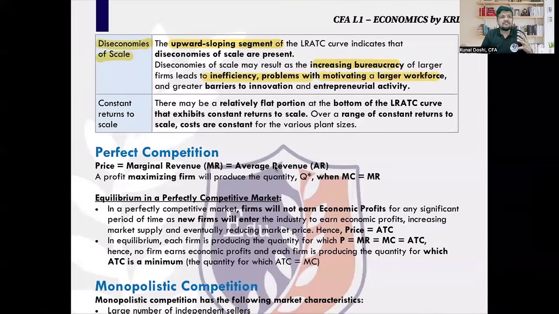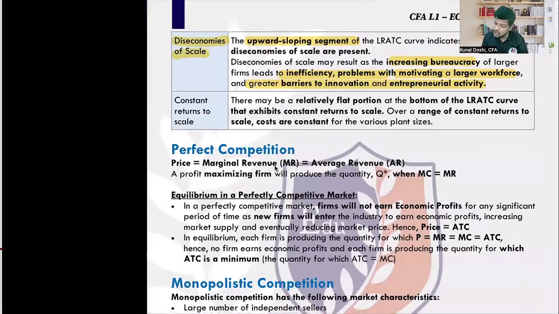Not enough motivation for the workforce, because in large companies, files move from one point to another point. It takes a lot of time, right? And there are great barriers to innovation and entrepreneurial activity. They're mostly following the same process. This is the point. Even if you produce more, your ATC is not reducing, your ATC is increasing. This is called diseconomies of scale.